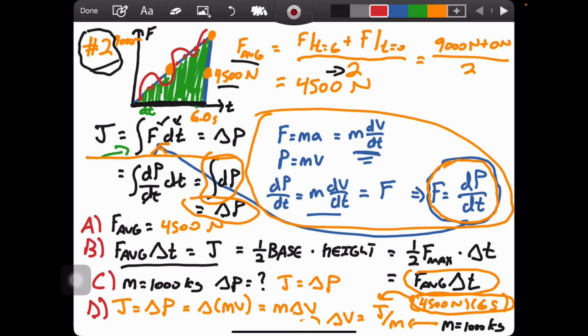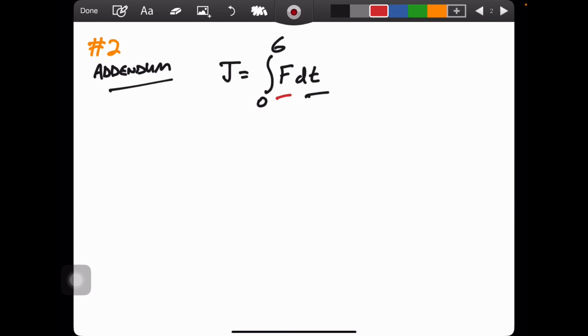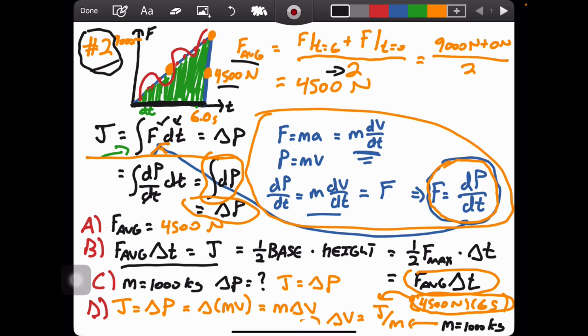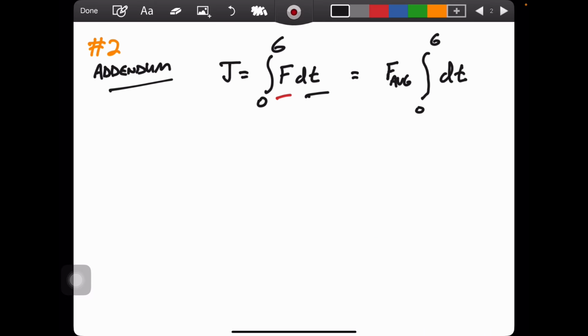But we do, in this particular problem, have the luxury of going to the integral and saying that we can treat the average force as a constant that goes outside of the integral, such that we can now integrate dt from 0 to 6. So again, because it's a straight line in blue and not a red squiggly line in red, that's what gives us the ability to treat the average force as a constant in this integral.